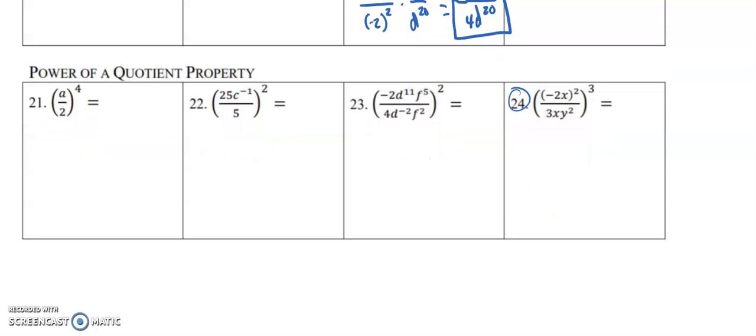Okay, last one. Okay, a couple things we can do. I think I'm actually going to start inside here. Let's actually square that negative 2x. So negative 2 to the second times x to the second. Negative 2 to the second is positive 4.